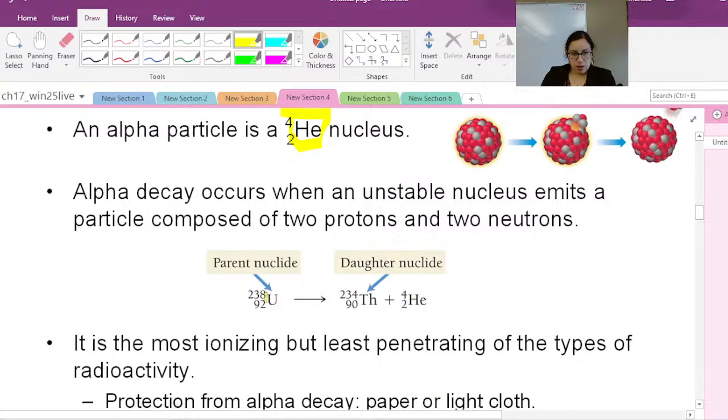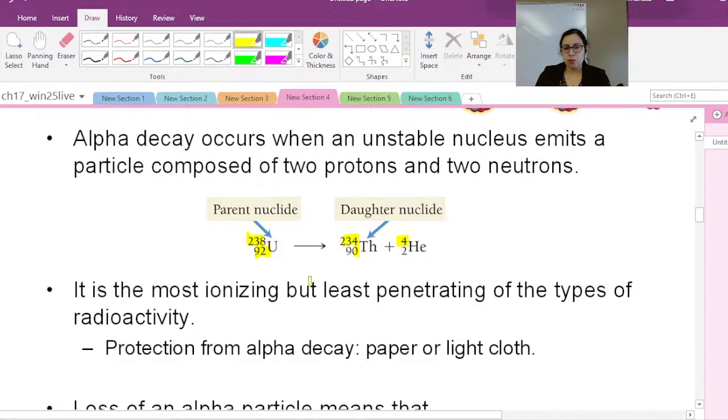And notice how the math adds up. Everything is conserved, so your mass is conserved. If you lose 4 for your alpha, 238 minus 4 gives us 234 for thorium there. And then you lose 2 protons, so you go from 92 to 90 for uranium to thorium.